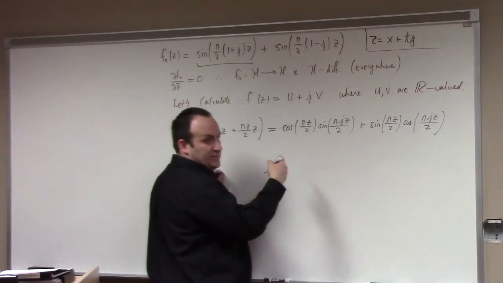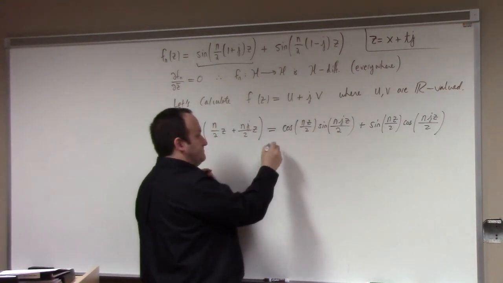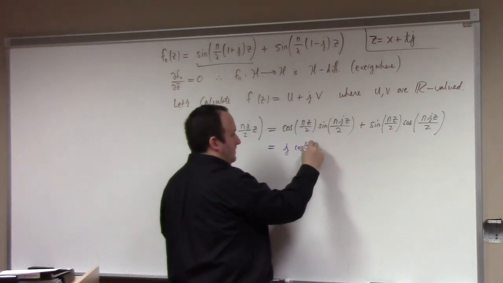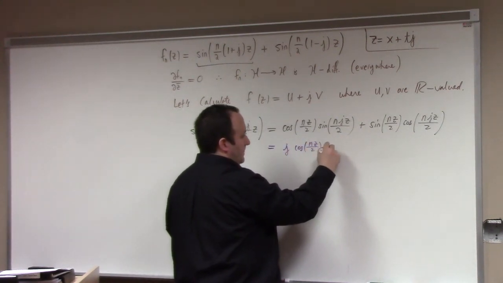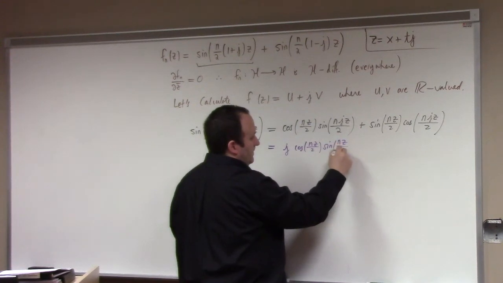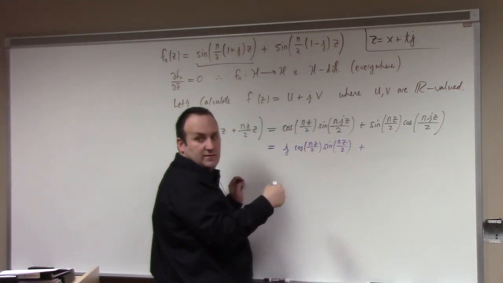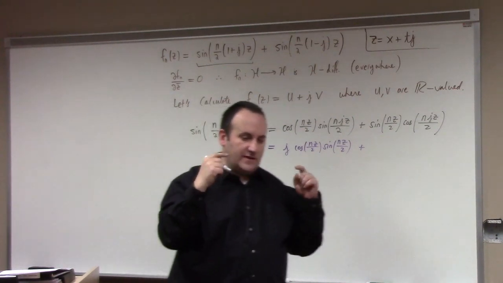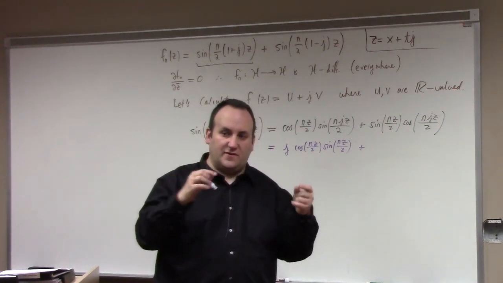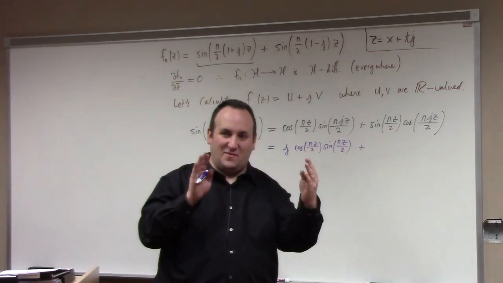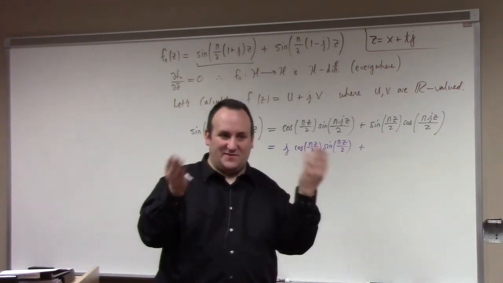j, if you think about it, pulls out of a sine. And in contrast, cosine absorbs j. The reason for that is that the power series expansion for cosine involves even powers. So when you square a multiple of j, you end up with j squared, which is just 1.